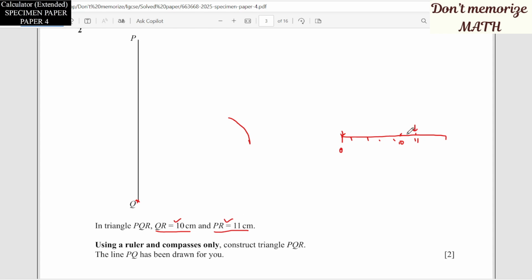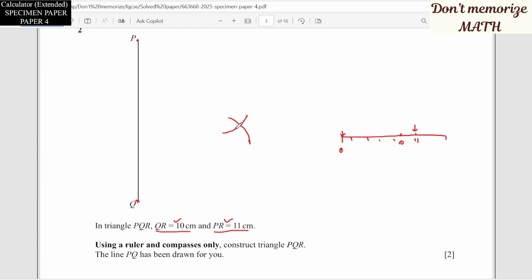So PR is 11 centimeter. So in the compass you have 11 centimeter now. So the needle part, it is PR. So the needle part you can keep here. Then with the pencil you can draw an arc. So distance from P to this arc will be 11 centimeter.